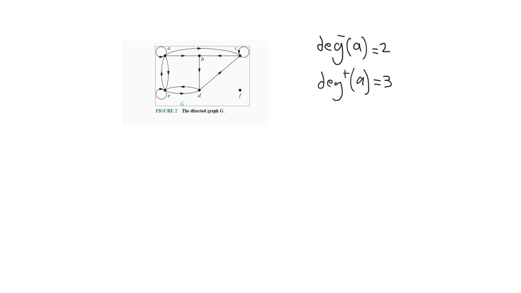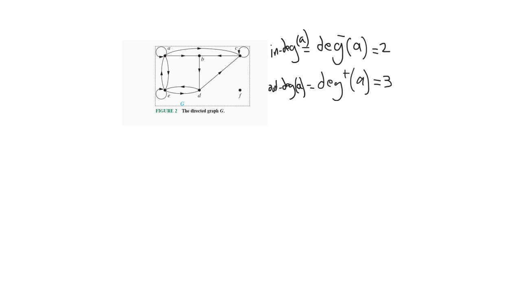Let me write in degree and out degree instead, because it's very confusing to use minus and plus.